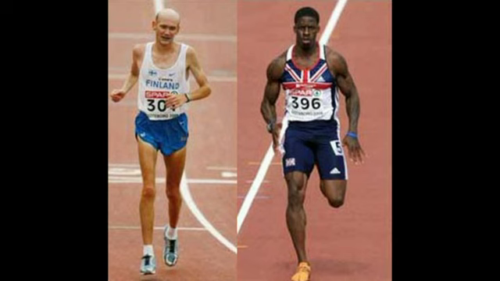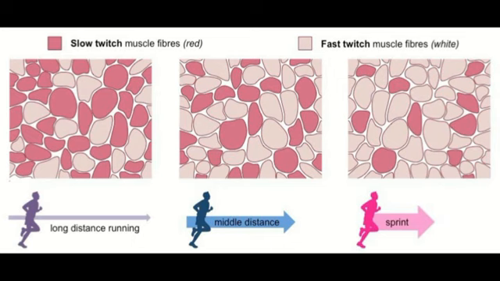White are what weight lifters are hoping to have in their body. And those are the ones that help for short, explosive, non-oxidative, not necessarily anaerobic moves like a barbell curl, a squat, a bench press, a thrust, power. Of course, in the middle, you have the middle distance runner, and they kind of have a combo of both.